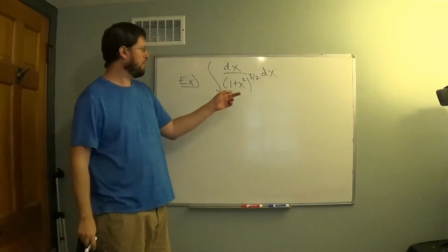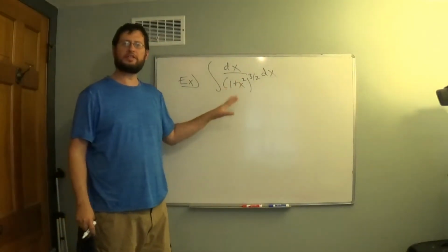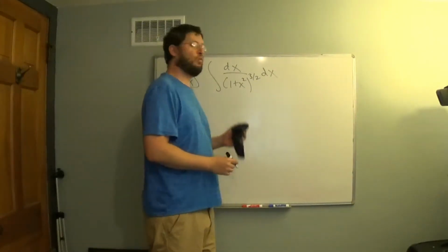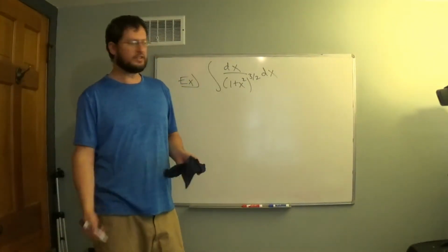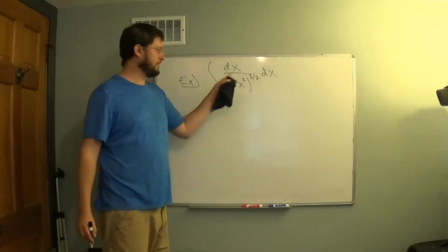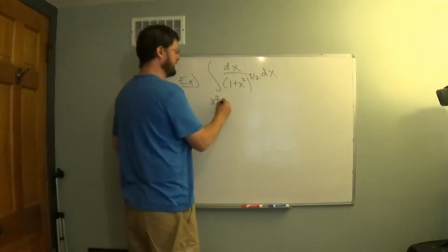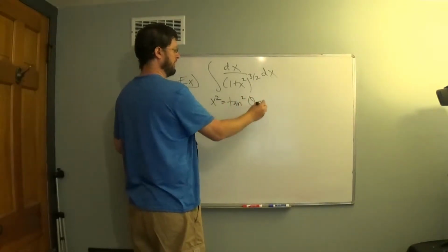All right, now we've got one with a plus. So plus should indicate to you that we're looking at a tangent substitution, since 1 plus tan squared is secant squared. And this is as simple as it can get because it's 1 plus x squared. So I want x squared to be tan squared theta.